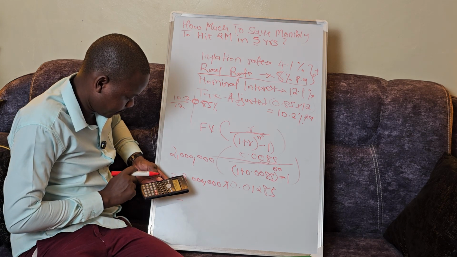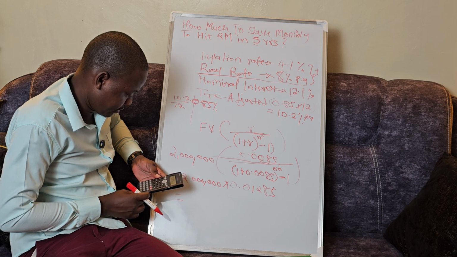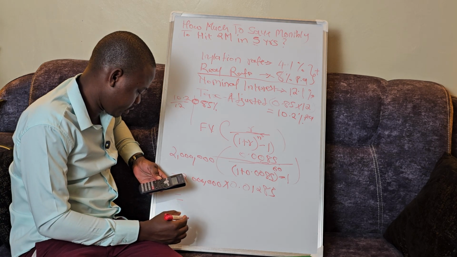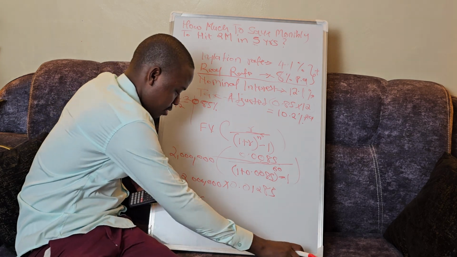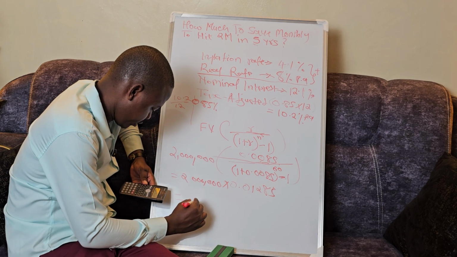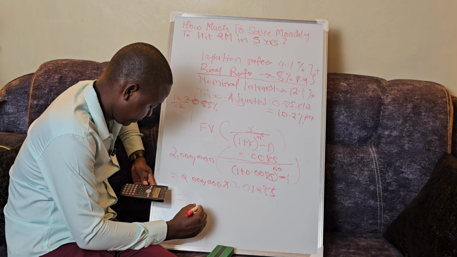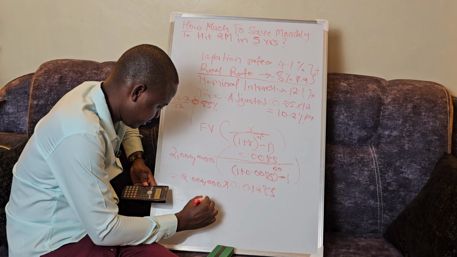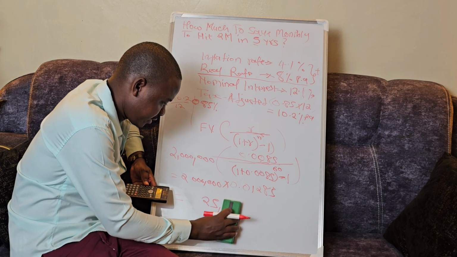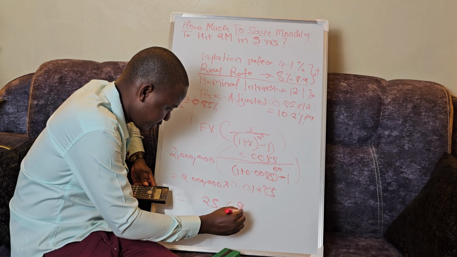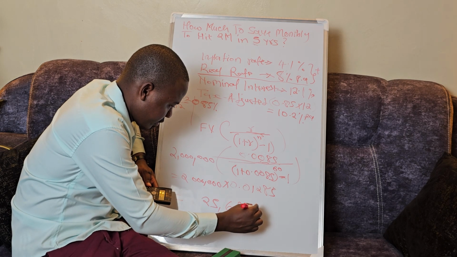So you're supposed to be depositing every month 25,691, and some cents here, 17 cents.